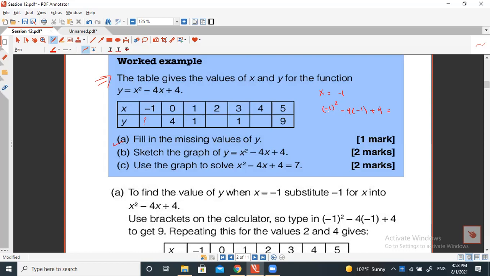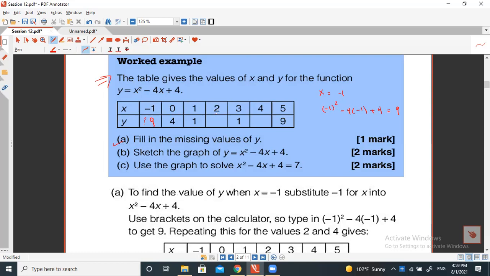Then it will be 9. So here 9, and we do the same when x equals 0. We put 0 squared minus 4 multiply 0 plus 4, it's 4.